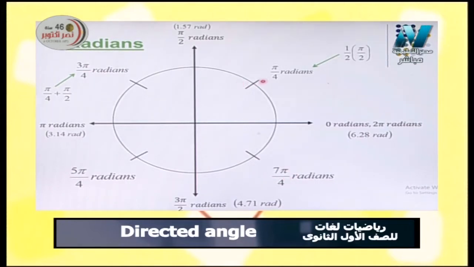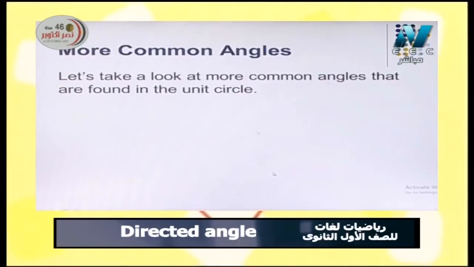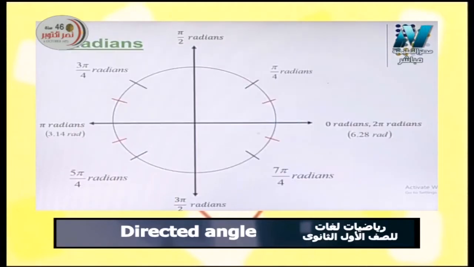We add in the middle here pi over 4, which is 45 degrees, 3 pi over 4, 5 pi over 4, and 7 pi over 4. Let's talk about more common angles. Let's take a look at more common angles that are found in the unit circle.